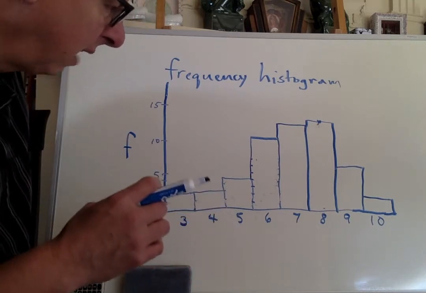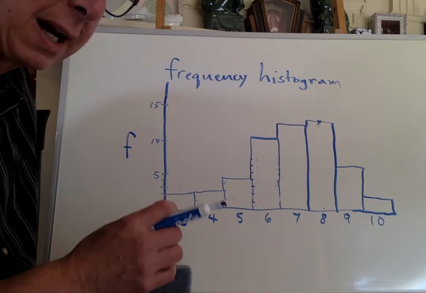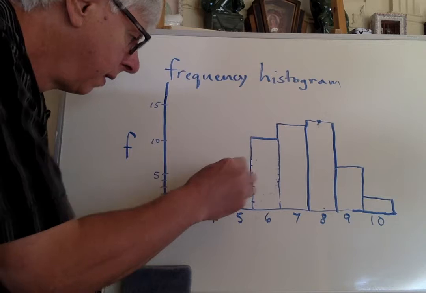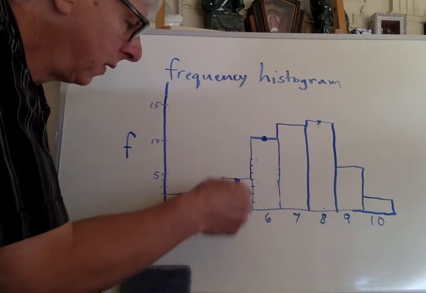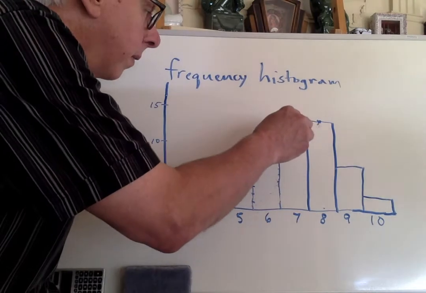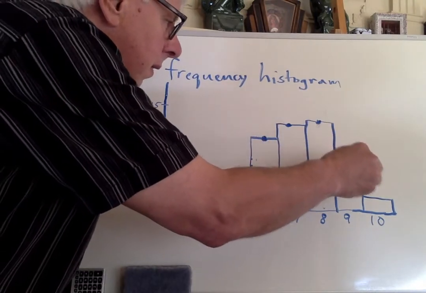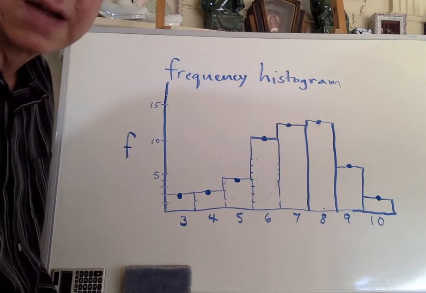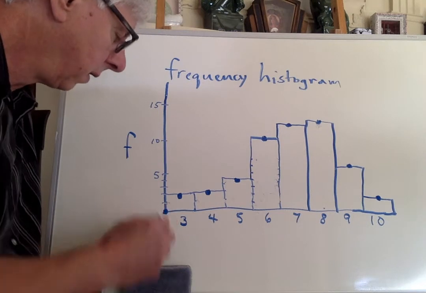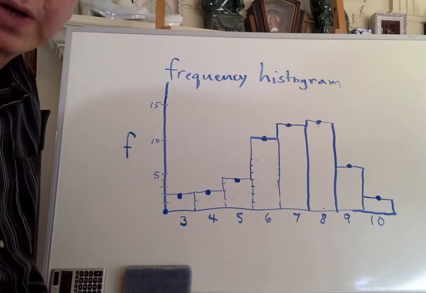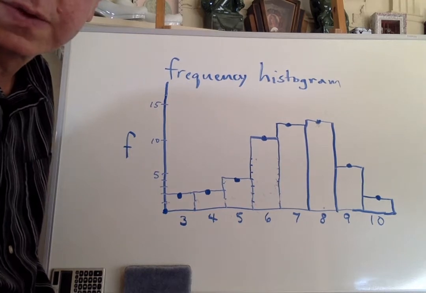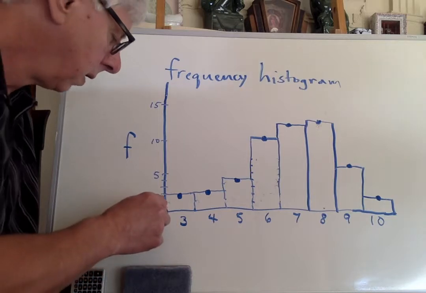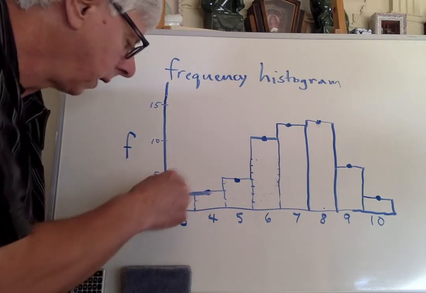Okay, and what we're going to do to make a frequency polygon is we'll put a point here, we'll put a dot midway in this interval of 1, okay, like this. And then what we're going to do is connect the dots, okay? And we'll start at the 0 point here on the x-axis, and we'll connect the dots here like this, okay? We'll connect the dots.